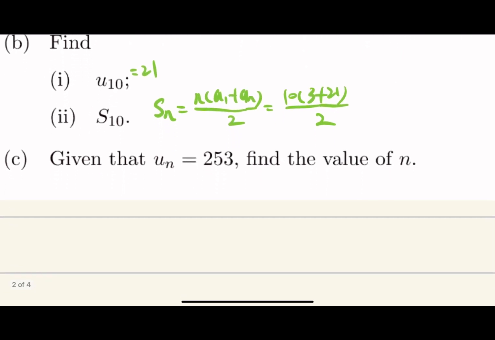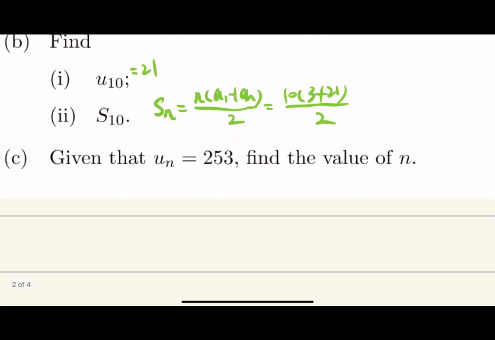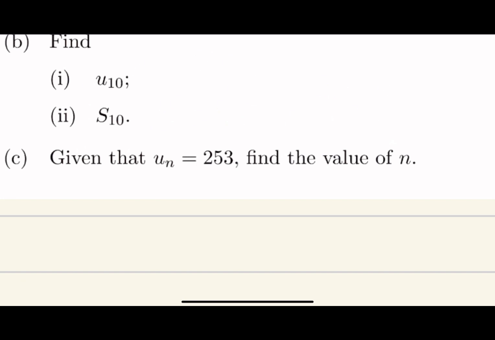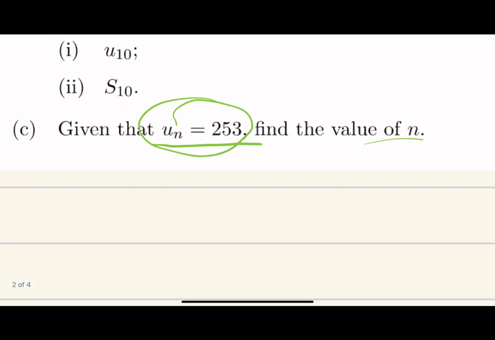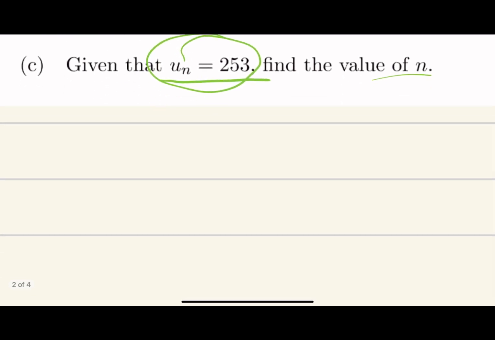And then un is this. Oh, let me just erase that, too messy, hard to concentrate. Okay, un is that, and we're trying to find the value of n. So when you see that is a specific term, we're going to use, you know what that is, the general term formula. So u1 plus n minus 1 times d.